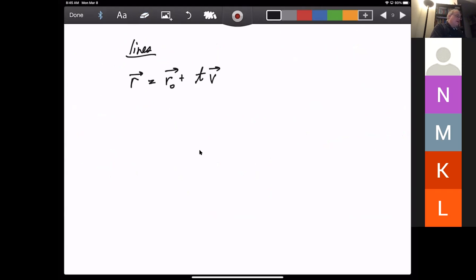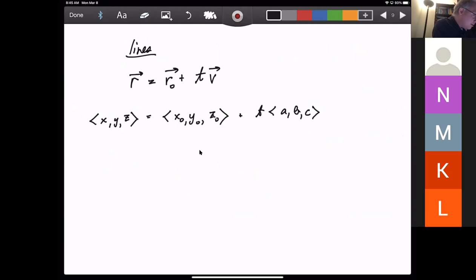Right, so we have sort of three forms for the equation of a line. Okay, so we have this vector form, which we could write out in terms of the components. We can separate and look at component by component equality.